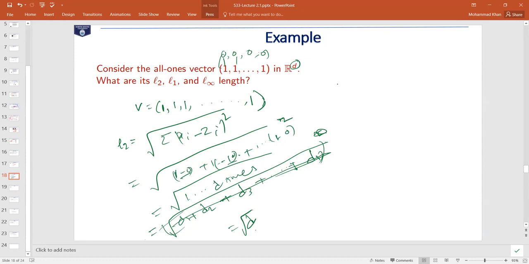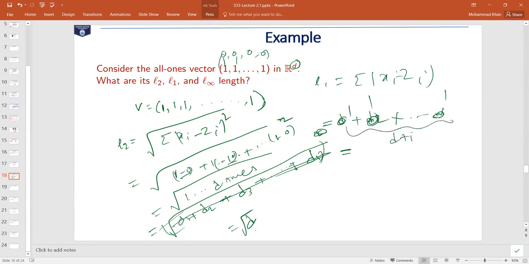Now L1 is the sum of the absolute values. So it is 1 plus 1 plus 1, d times, which is d. So for L1 it is d, for L2 it's root of d.